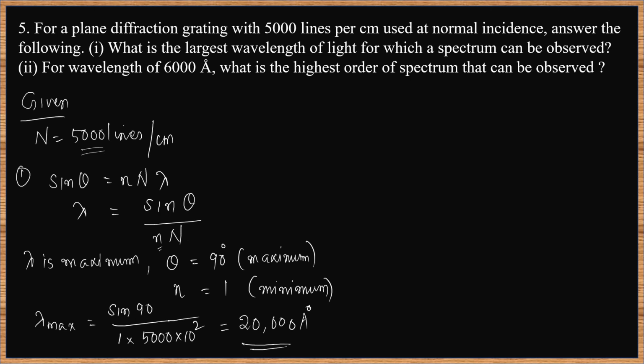The lambda maximum is around 20,000 angstrom. 20,000 angstrom is actually into 10 raised to minus 10 meter, that is around 2 into 10 raised to minus 6 meter.